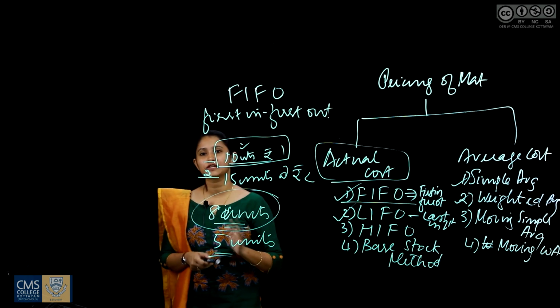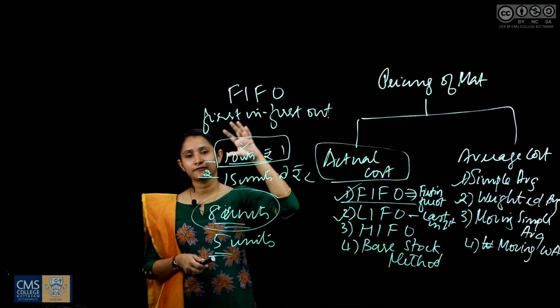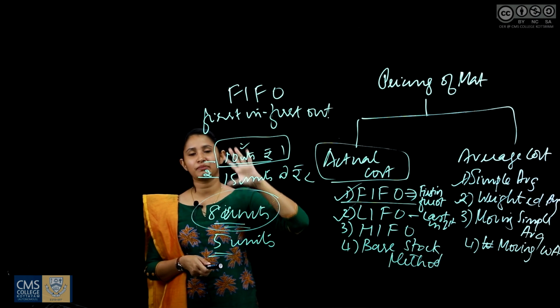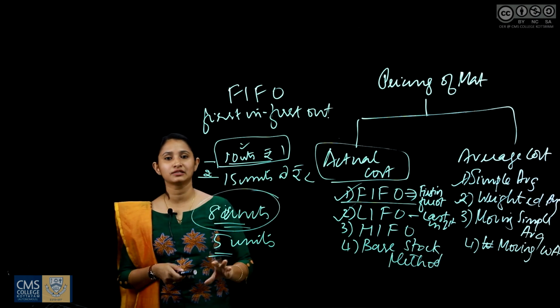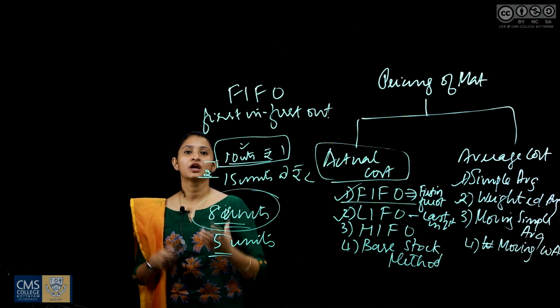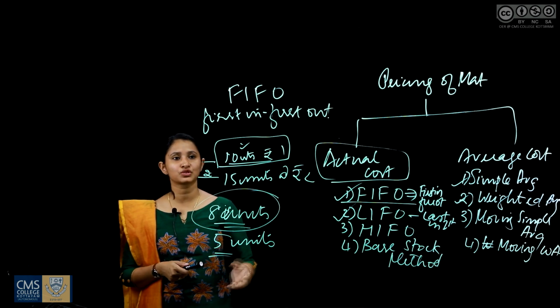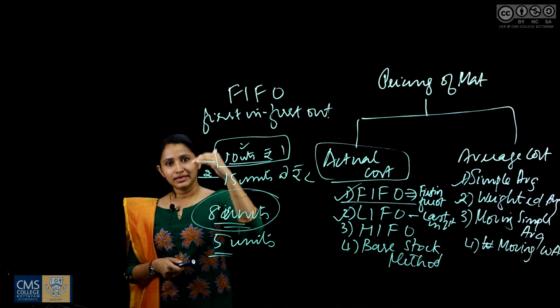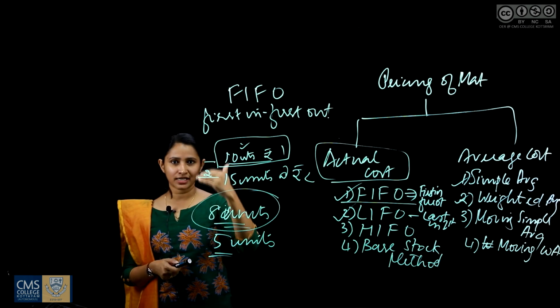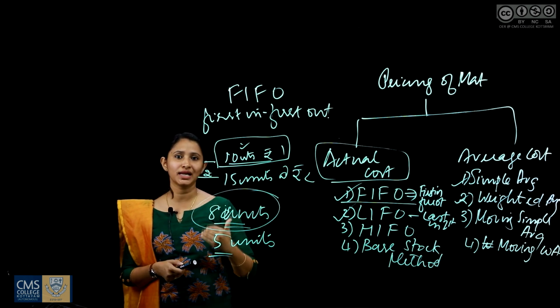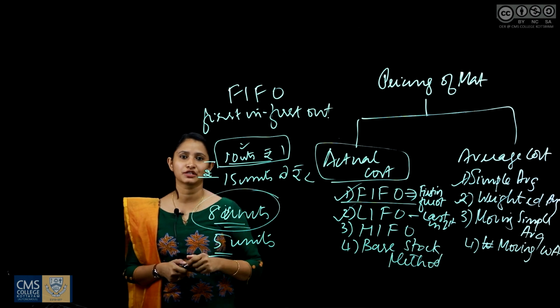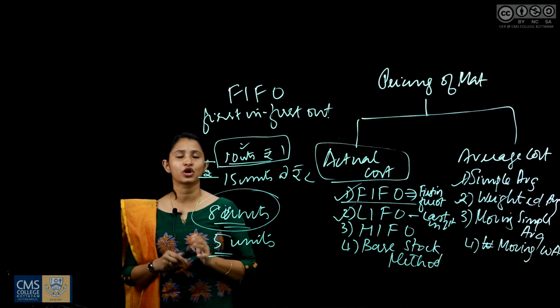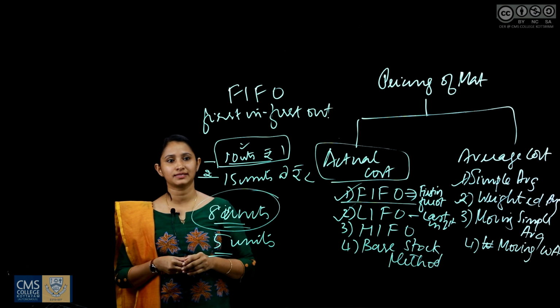That means that whenever the production department wants an issue of materials from the stores, you have to take the materials from the first lot, exhaust the first lot, and only then can you take materials from the second lot. That is what the first in first out method says.